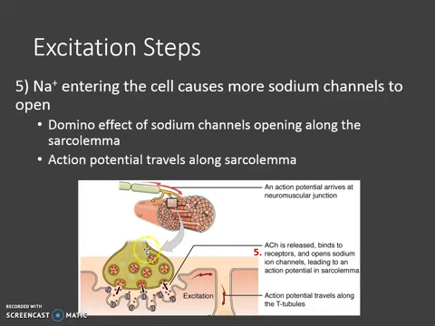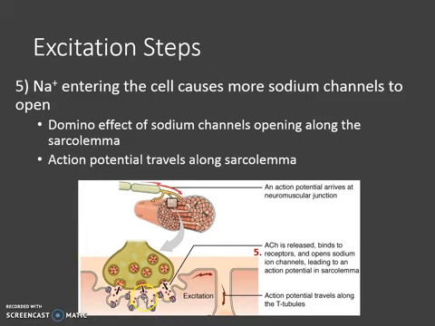So once again, to recap, we open up sodium channels here with our neurotransmitter. You can think of the neurotransmitter as kind of like a key, and the sodium channels are locked until the key unlocks them. But once they're unlocked, they open up, and sodium diffuses from the synaptic cleft into the sarcoplasm.